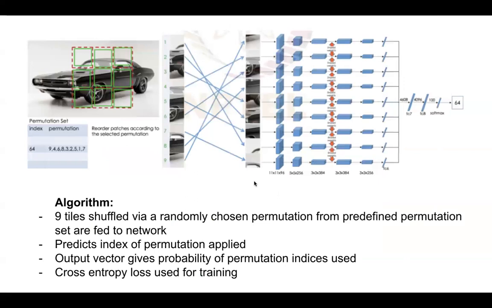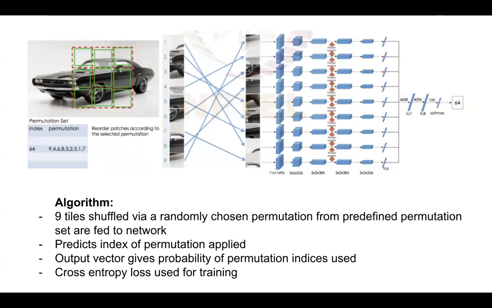Okay. So how do they do it? They have an image, and each image is associated with an index, and each index is permuted.